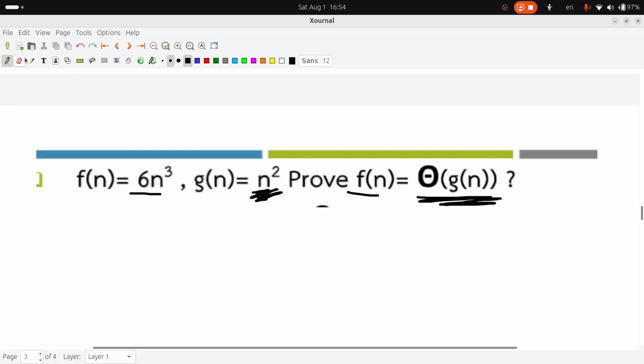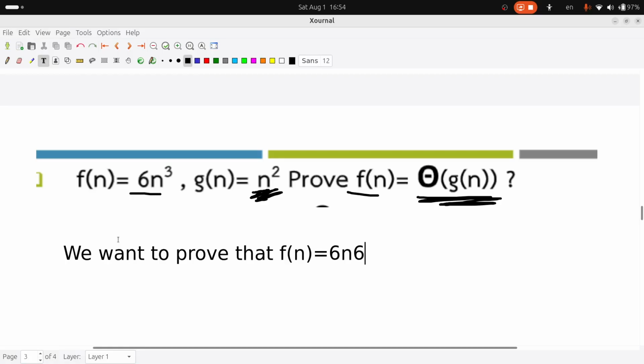So what we can do, we can write that we want to prove that fn equal to 6n to the power of 3 is theta of gn equal to n squared.